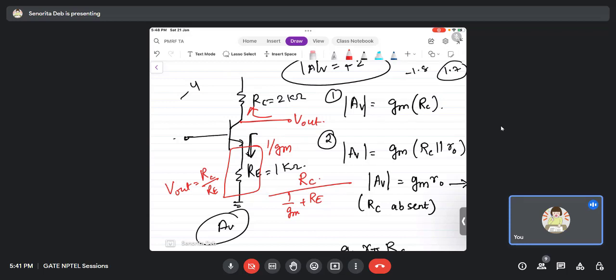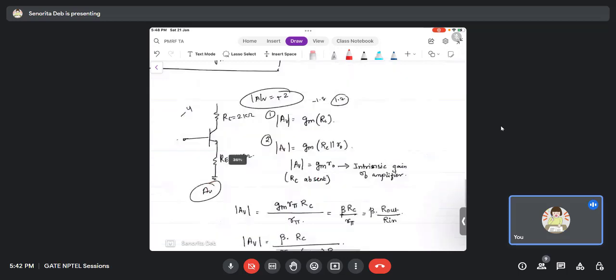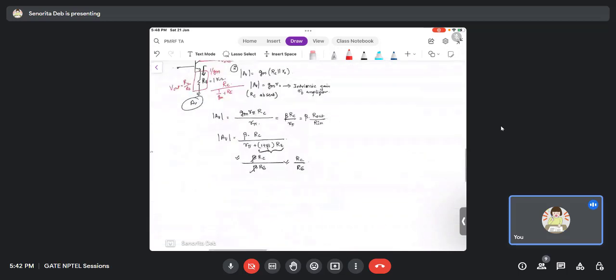So that 1 by Gm is added to Re, because both are in series. There is no concept of parallel. Both are in series. So 1 by Gm plus Re is what is coming in the denominator. With this concept, we will quickly solve one question. Till here, I think it is fine, right?